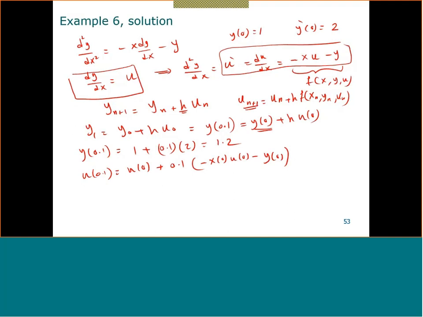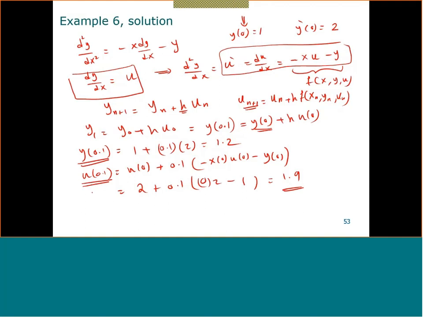What is u of 0? u of 0 is y prime of 0, which is equal to 2, plus 0.1 times minus x of 0. x of 0 is 0. This is your x of 0. So this becomes 0 times u of 0, which is 2, minus y of 0, which is 1. So if you do this, this is equal to 1.9. So I know now y at 0.1 and u at 0.1.